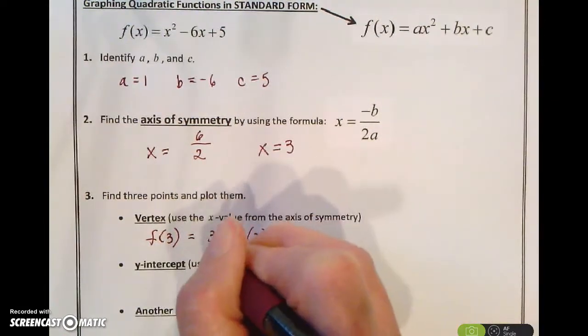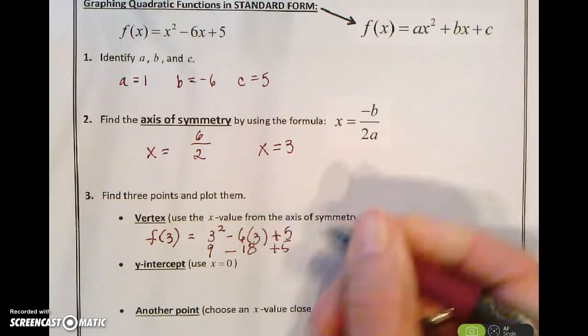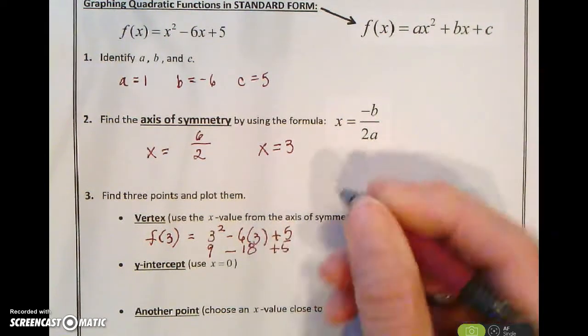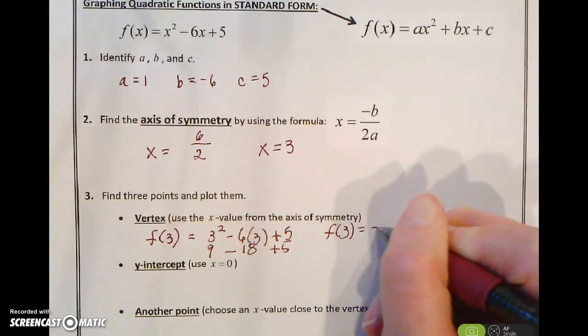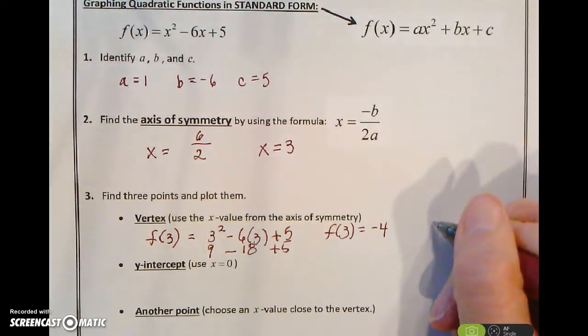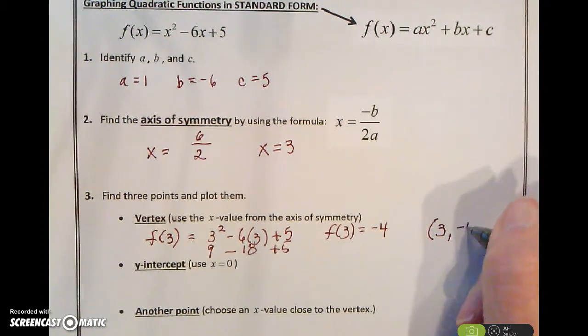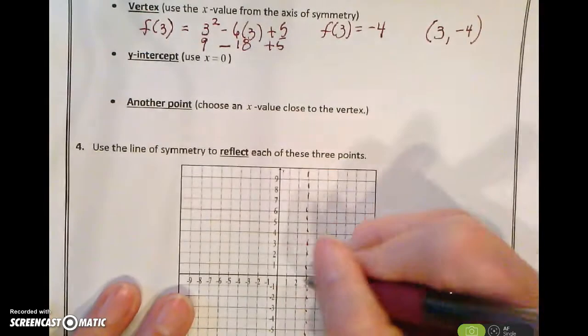That's going to be 9 minus 18 plus 5. So 9 minus 18 is -9. -9 plus 5 is -4. So f of 3 is equal to -4. And our vertex then has the ordered pair x is 3, y is -4. So we can plot that on our graph. (3, -4).